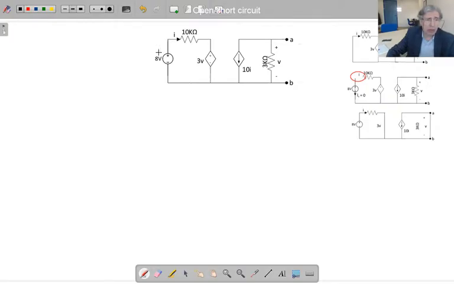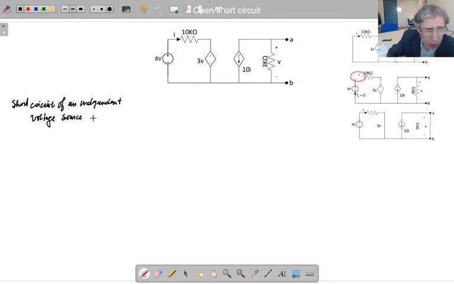Short circuit of an independent voltage source means make this independent voltage source's voltage equal to zero. Mathematically, that means making that voltage equal to zero.